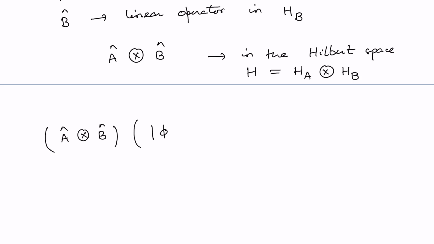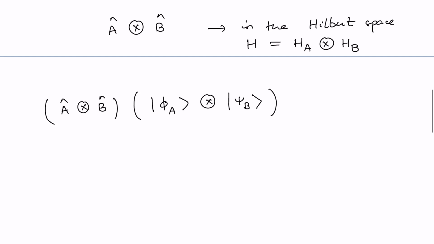So say for example, the basis state corresponding to system A is phi A, and the basis state corresponding to system B is say psi B. Then if this operator A tensor product B operates on it, quite clearly A is going to operate only on the basis state phi A, and B is going to operate on the basis state psi B. In fact, we can extend this concept to more than two systems.